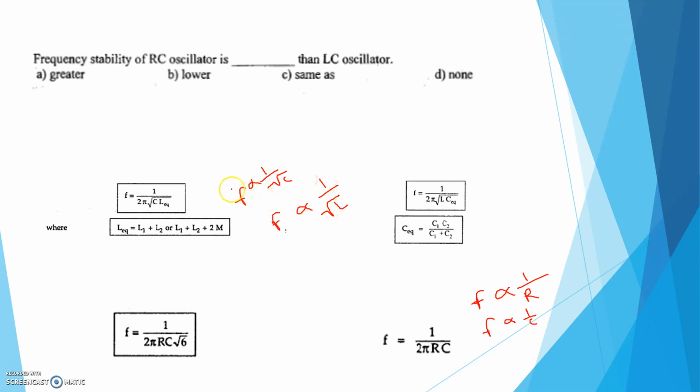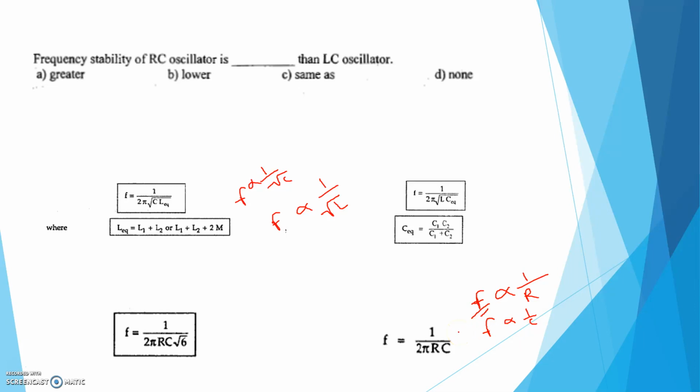So see, the variation of frequency in case of LC oscillator is proportional to square root over of C, or square root over of inductance value L. But for RC oscillator, it is proportional to 1 by X, like 1 by R or 1 by C. That means if R changes a little bit or C changes a little bit for RC oscillator, then there is a huge change in frequency of oscillation.